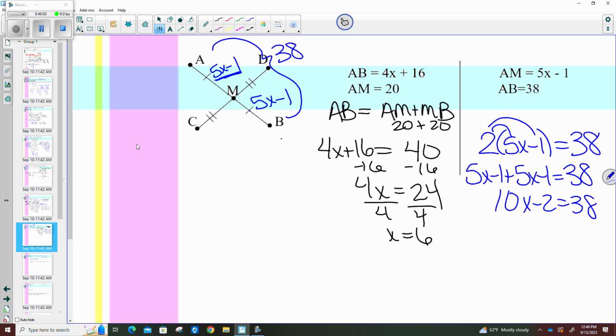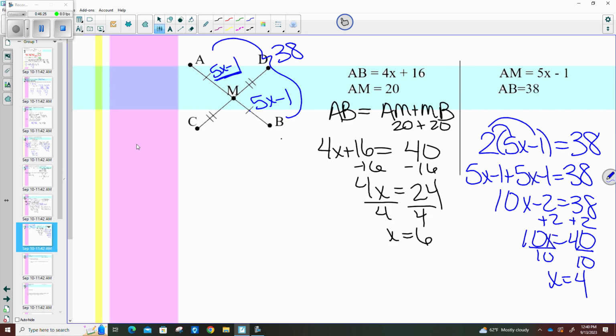Are we okay with that? How would we solve that? So we get 10x equals 40. X equals 4. Okay, so that one, we multiplied the one thing times 2 to get to the whole.